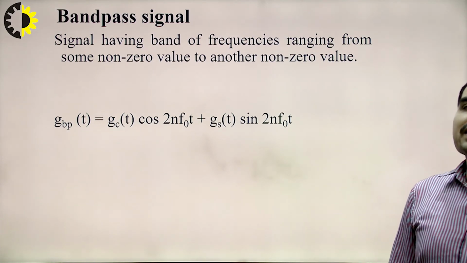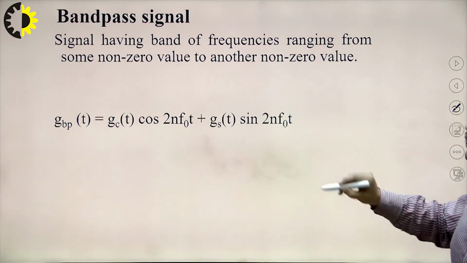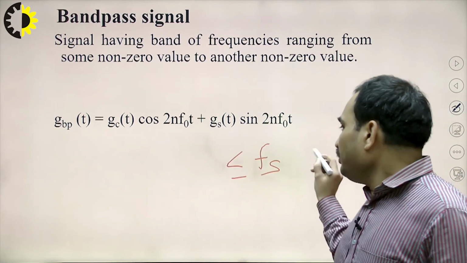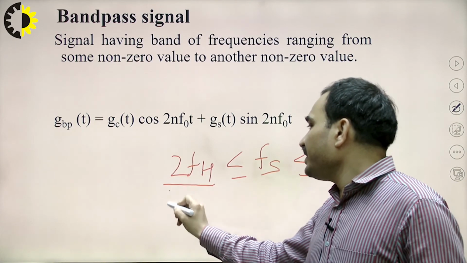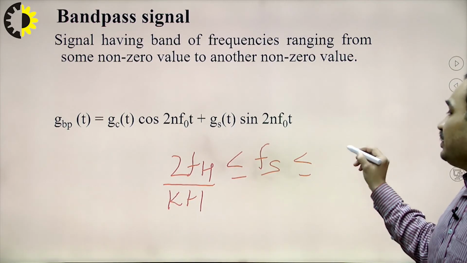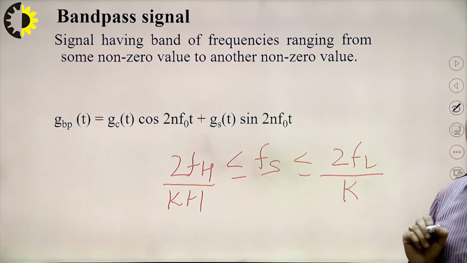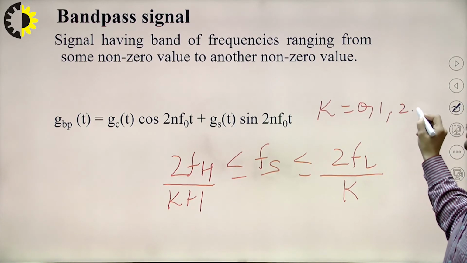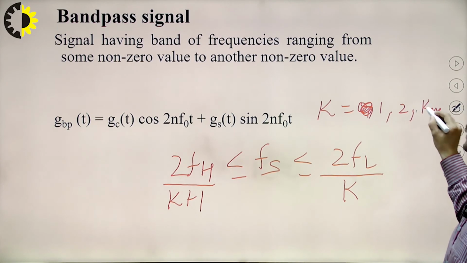We have seen that the sampling frequency lies between twice the highest frequency divided by k plus 1, and is less than twice the lower frequency divided by k, where k starts from 1, 2, up to the maximum value of k.